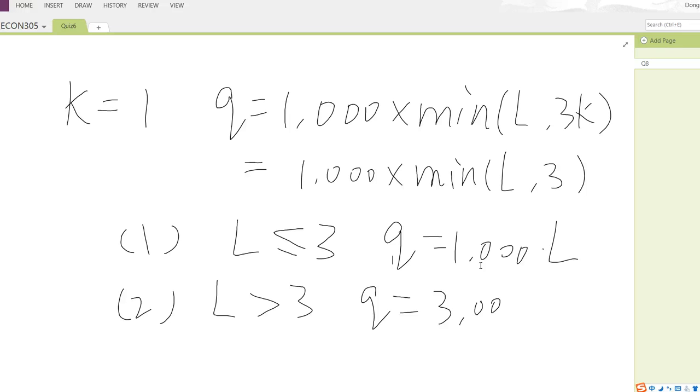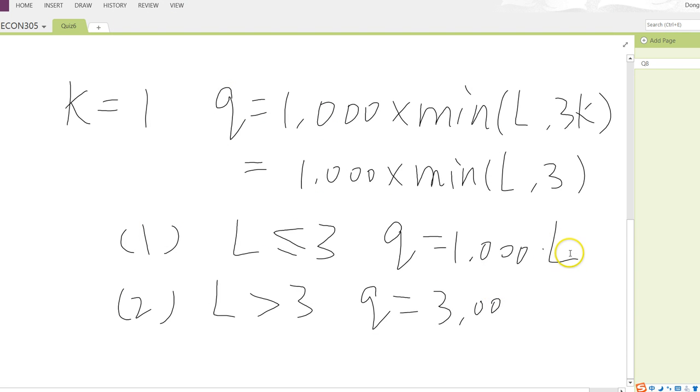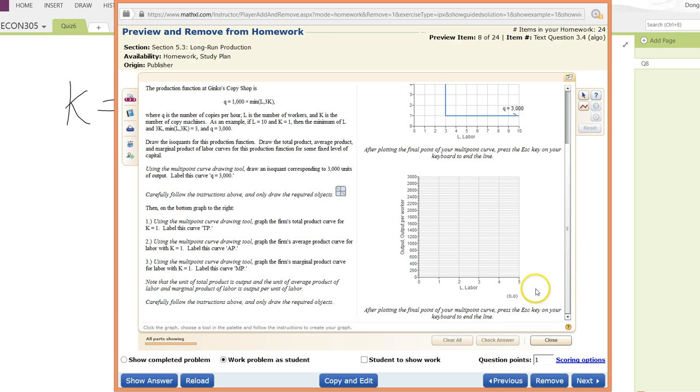When L equals 0, obviously Q equals 0 too, and when L equals another number, let's say, the highest vertical on this graph, the highest output is 3000, so we can make this number 3 when L equals 3.